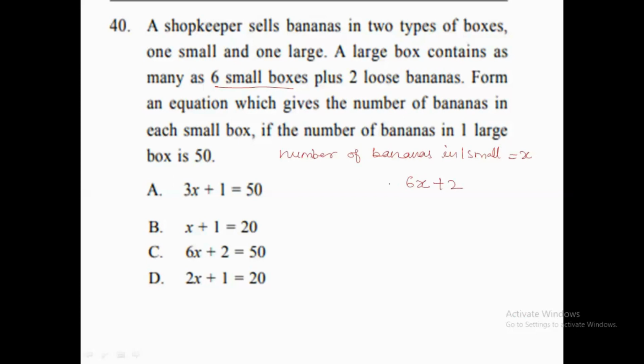One large box has 50 bananas, so that will be equal to 50. The question is asking only to form an equation, so we have already formed it, which is 6x plus 2 equals 50. That will be our equation, and it is in option number C. Understood?